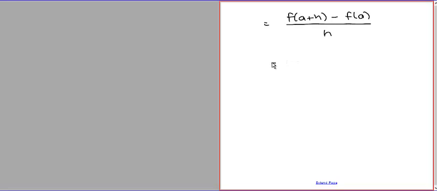Now, we did one where we had x. You can have f of x plus h minus f of x over h. The only difference is a is a particular value of x. Here x is just a general x.